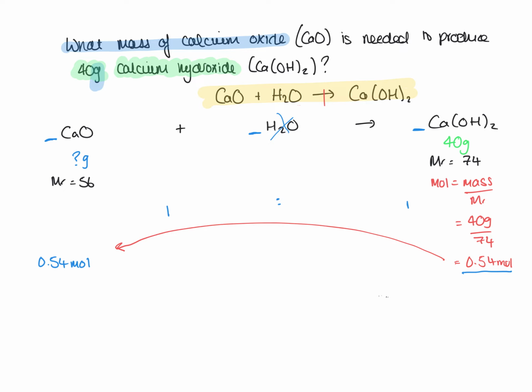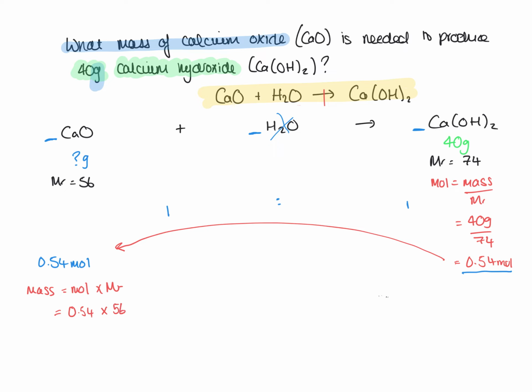So to rearrange that equation, we have mass equals moles times MR. That's equal to, if I look back up my column, so we're talking about calcium oxide now, 0.54 times the MR, which is 56.